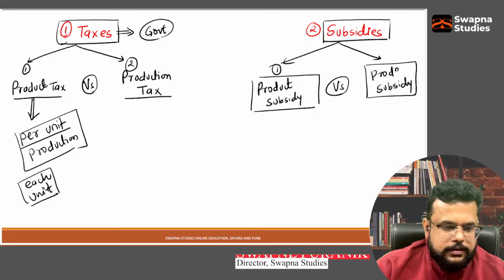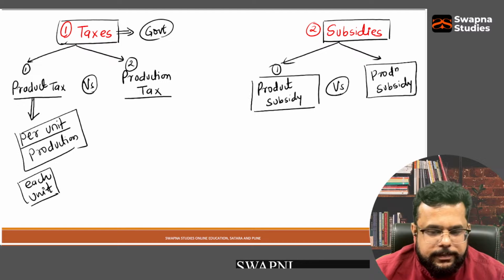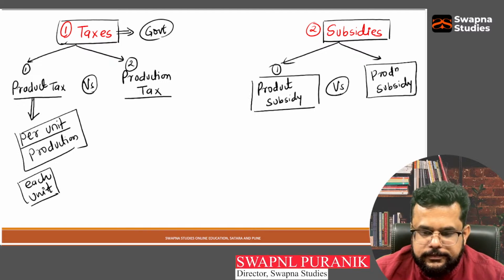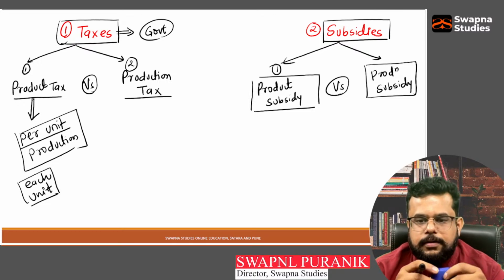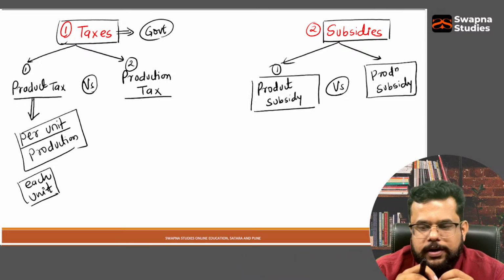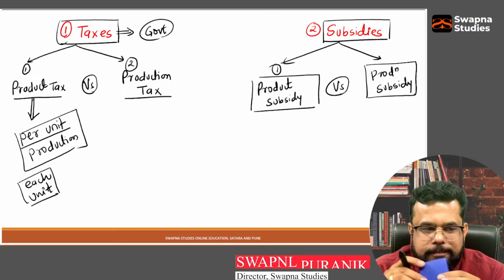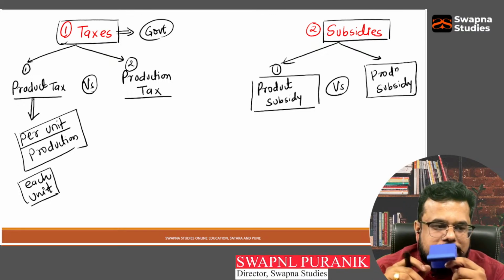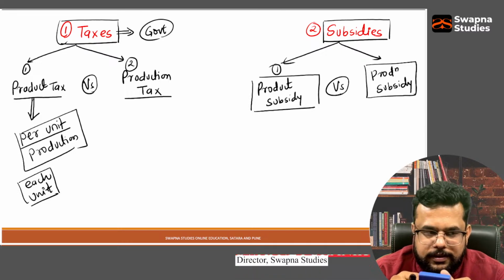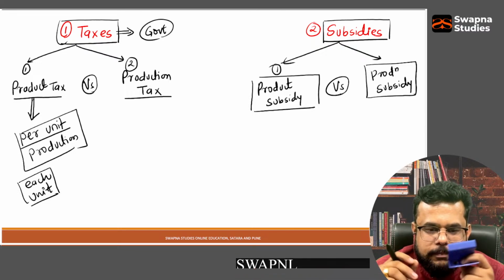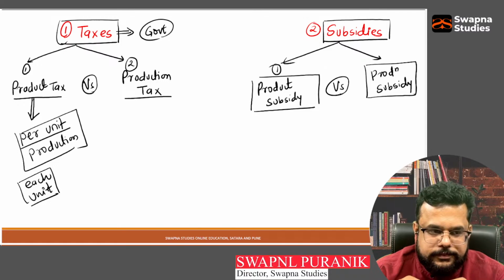Okay, now am I audible? Yes, I am going to repeat my point. Whenever we call it product tax, we impose that tax on each and every unit of production. Product tax is imposed on per unit of production.